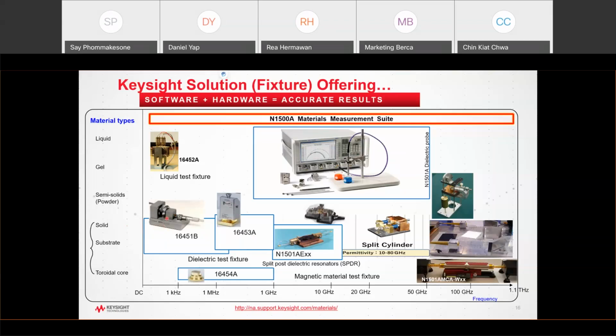If you want to go to 1 gigahertz, this is the only fixture available. Let me send the link from Keysight so everybody can see the fixtures. I just posted the link to Keysight where you can read the material. It's from 1 megahertz to 1 gigahertz.